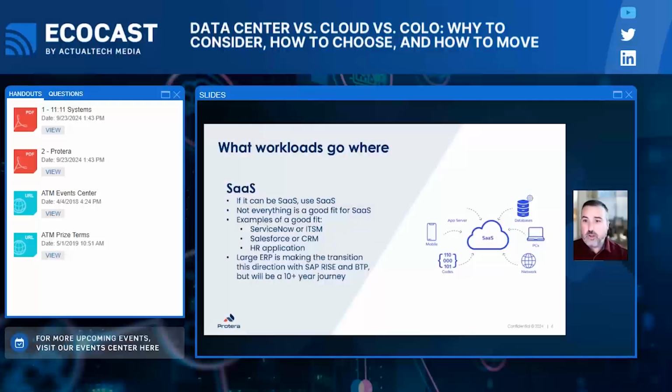So starting at the very beginning, because this is arguably the easiest, is SaaS. We've all been using SaaS, whether it's Microsoft Office.com and M365 or Google's Gmail, for many, many years. SaaS is a great fit for the right workloads, and a lot of times it's pretty clear what those workloads are. Things like your ITSM, your ticketing system, whether that's ServiceNow or Freshdesk or any number of other ticketing systems out there, your Salesforce, your CRM platforms, your HR applications.